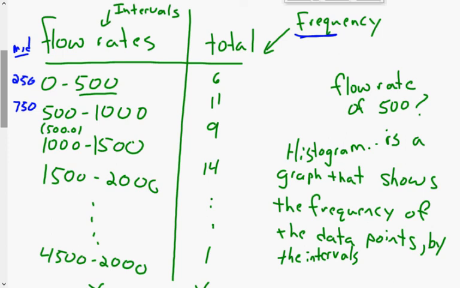So basically, you find the first midpoint, and then you just add it to the bottom number, the first number in your interval. So 1,000 plus 250 would be 1,250, 1,750. And you work your way down. 4,750. Does that make sense, guys?